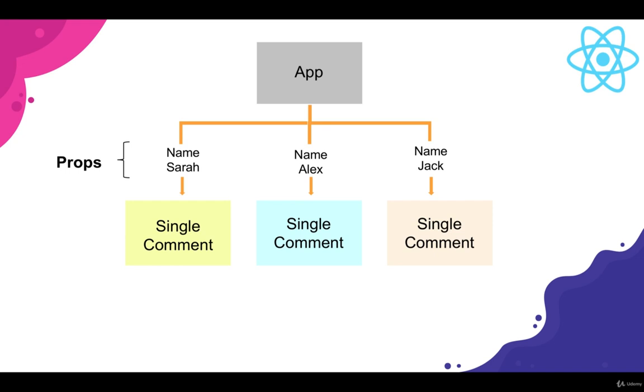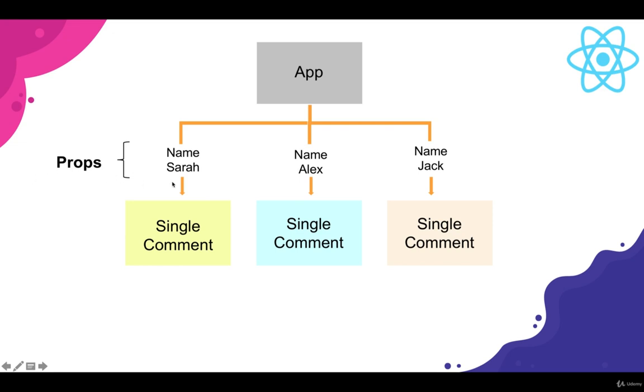Okay, so we got that out of the way. Our app component is going to show instances of the single comment. And when the app shows these components at the same time, it's going to pass in a little bit of configuration to each of those different components. So this little configuration of each of these we would refer to as props.